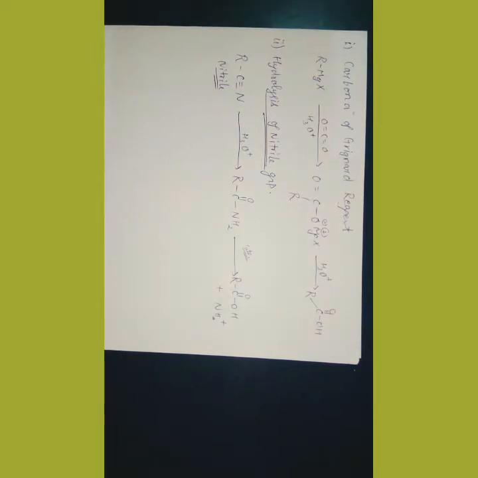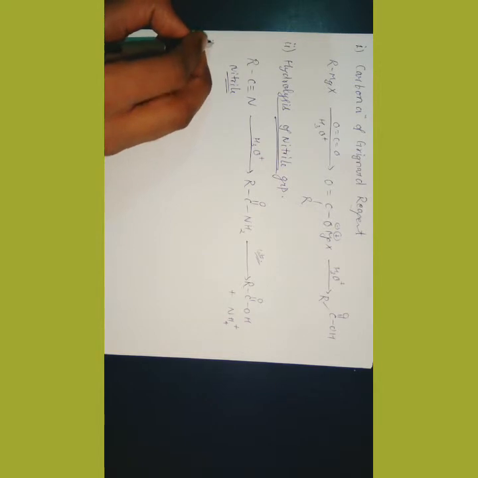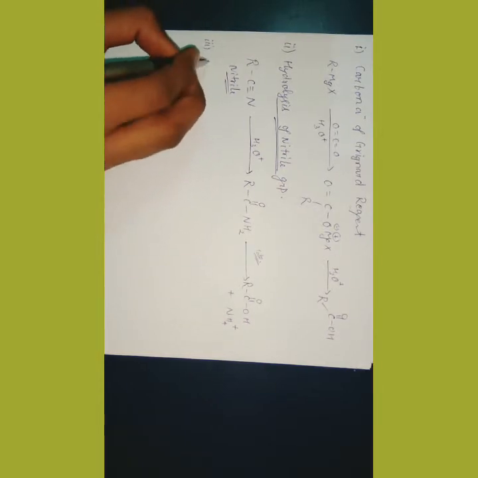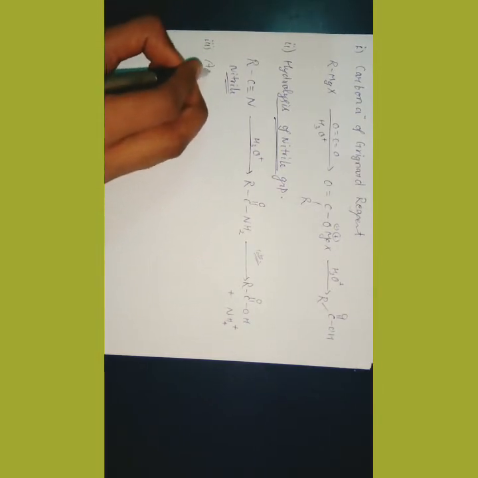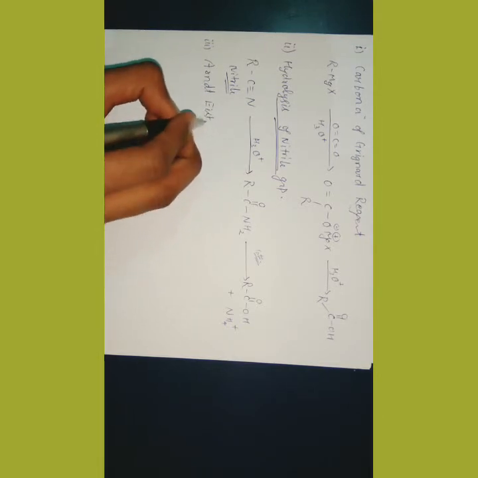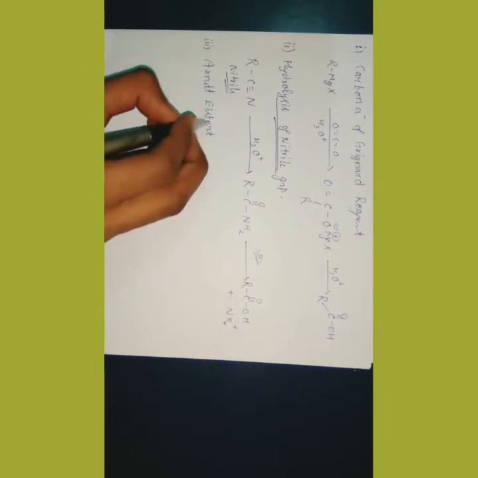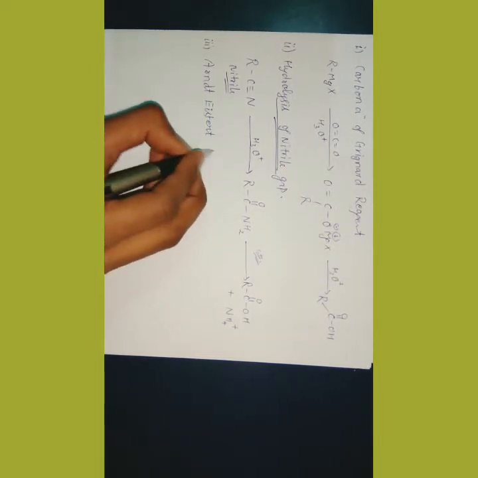The next reaction in the series will be the Arndt-Eistert reaction, which I have shown on the right side, in the center of the chart. These are some of the new reactions which we are studying in the chapter on carboxylic acids, and the rest of the chart contains reactions from previous chapters.